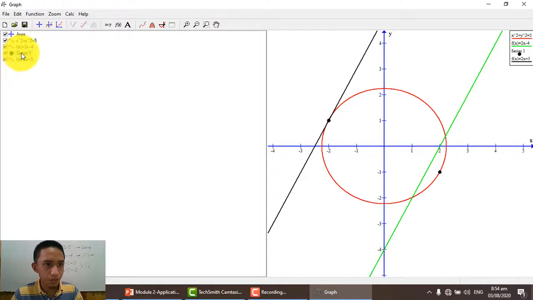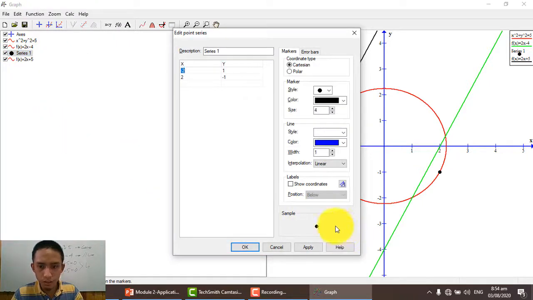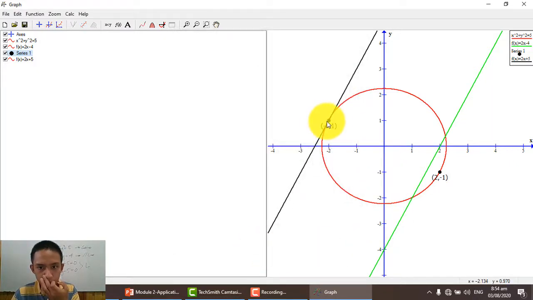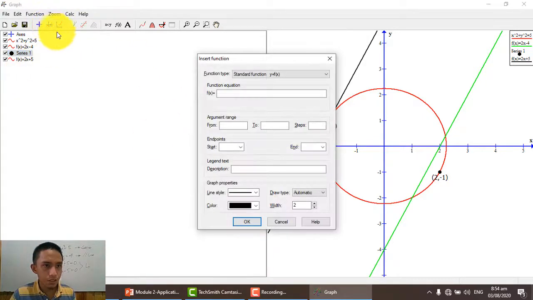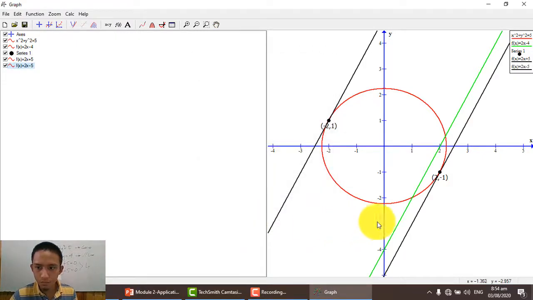Let me show the coordinates here. So you have your tangent line there. And I will add another tangent line, which is y equals 2x minus 5. Okay, so that is the tangent line.